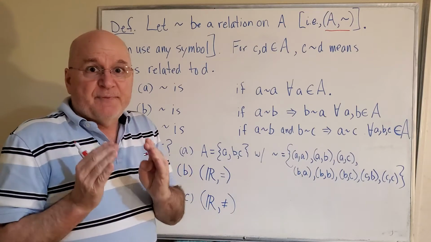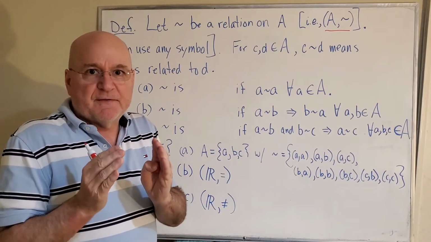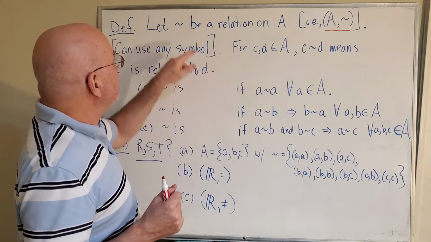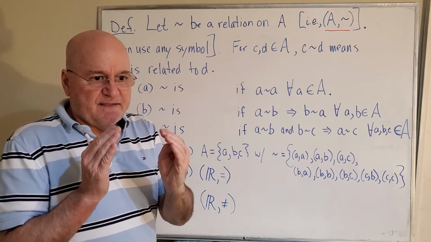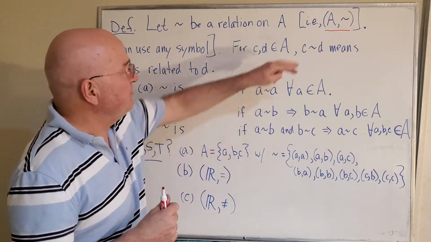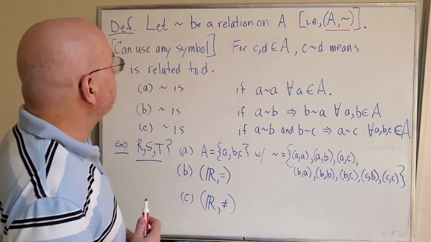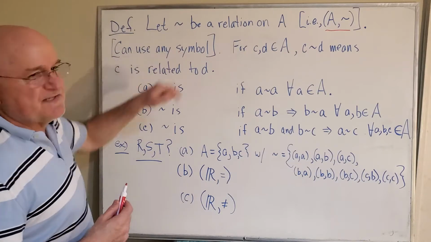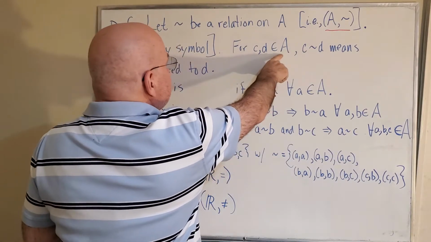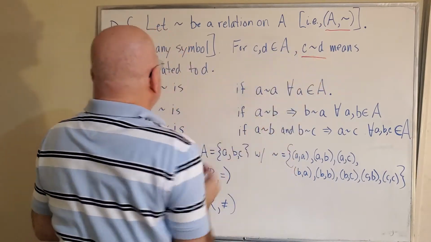So each ordered pair would come from the set A, and they would be in the relation if A is related to B, if A and B are the two elements in A. You can use any symbol. Okay, for C and D in the set A, what does that mean?